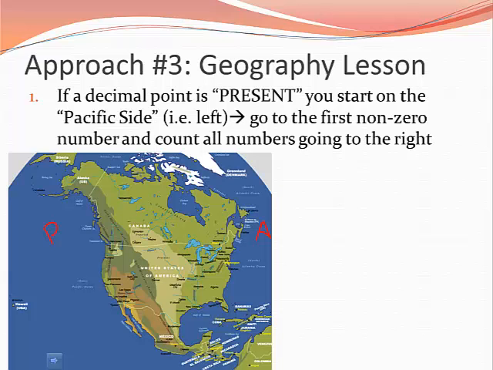So if a decimal point is present, Pacific starts with P, you start on the Pacific side of the country and you keep going to the right. You start at your first non-zero number, and any digit till you run out of digits is significant.